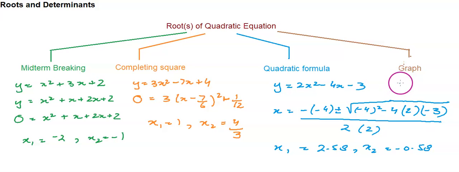So for example, if we're given an equation y equals minus 3x squared plus 5x plus 6, and they have asked you to find the roots of this equation by drawing a graph.